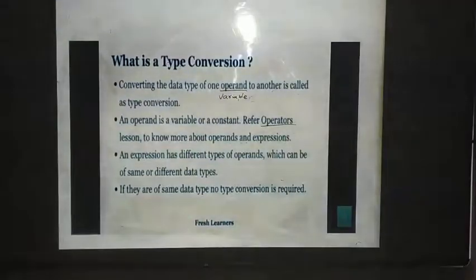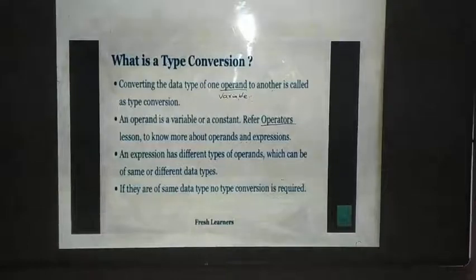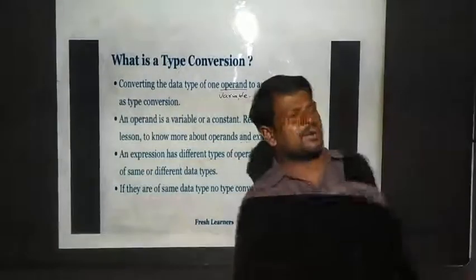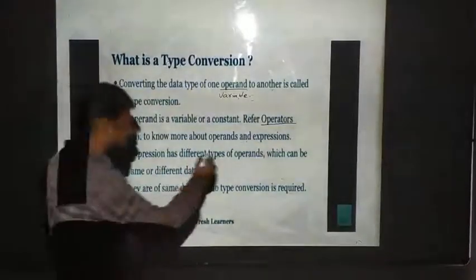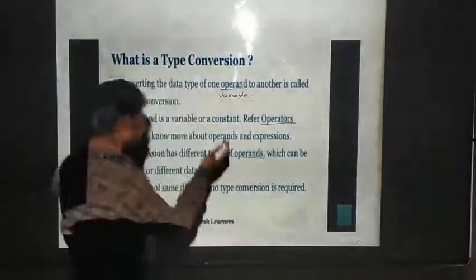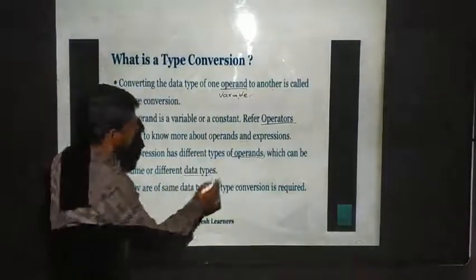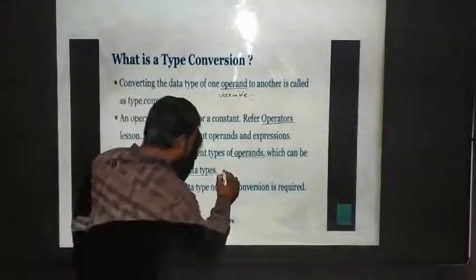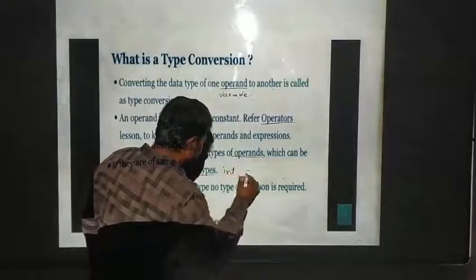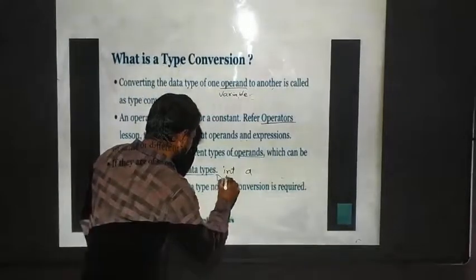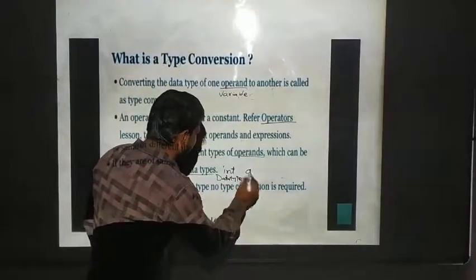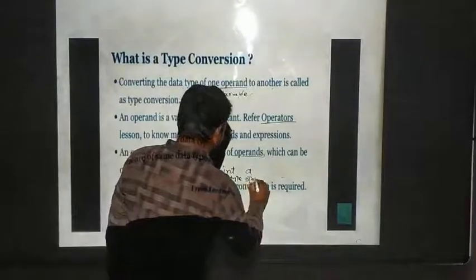An expression has different types of operands which can be of the same or different data types. An expression is an instruction, a line. In C programming it contains different types of operands, variables and data types. We learned what is integer. Integer is a data type, and A is an operand.